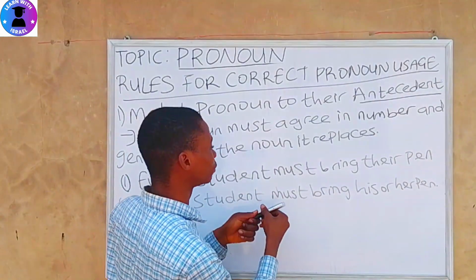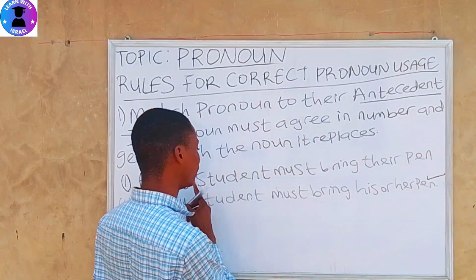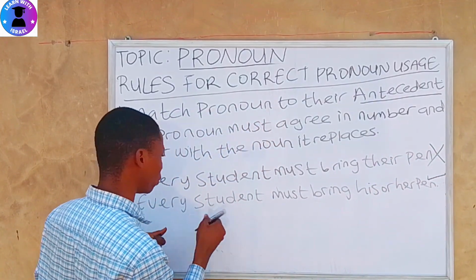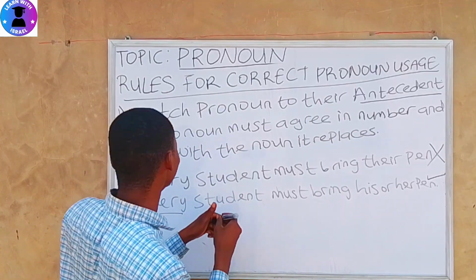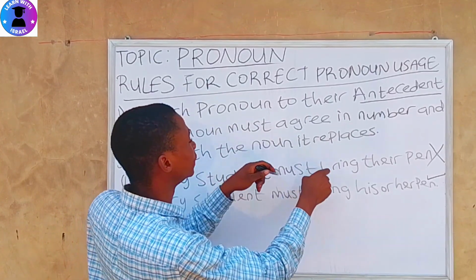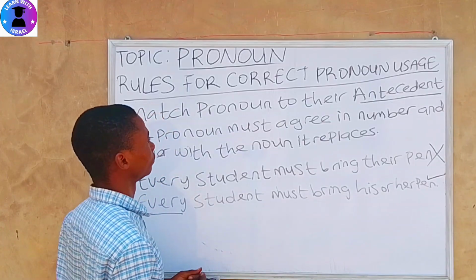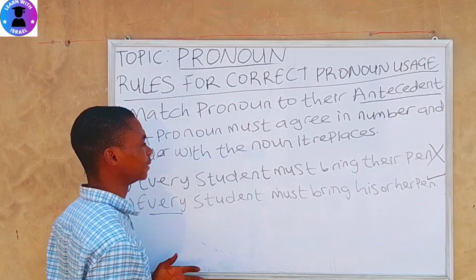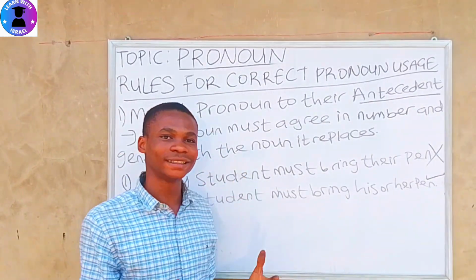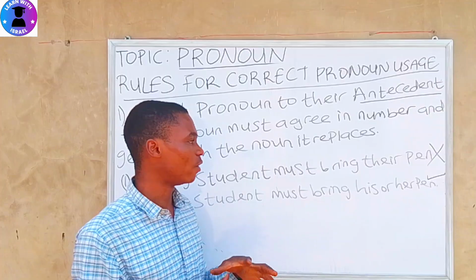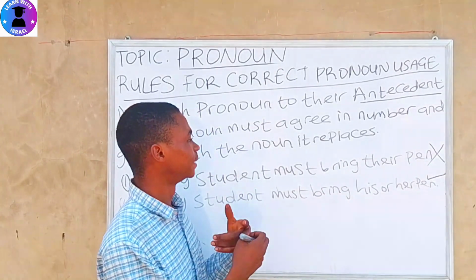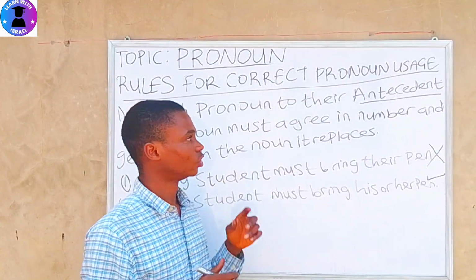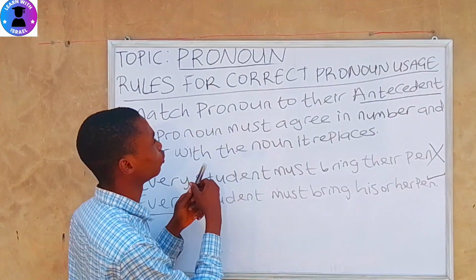The correct one is every student must bring his or her pen. Every student must bring their pen is wrong. Why is it wrong? Because this pronoun is singular and it must agree in number and gender with the noun it replaces. That is the antecedent. When a pronoun agrees, it agrees in number and in gender with the noun it replaces. Singular pronoun, singular verb. Singular pronoun, singular noun. So let's move to the next rule for correct pronoun usage.